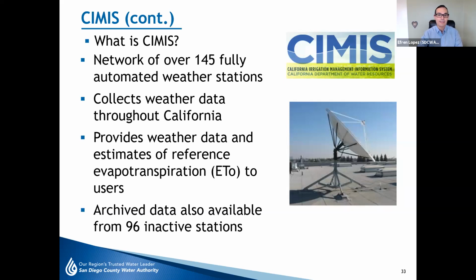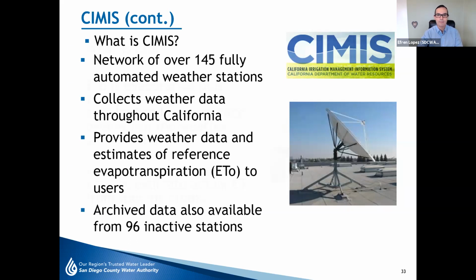CIMIS supplies the data that they use to help determine when to irrigate and how much water to apply. Efficient use of water resources, of course, benefits everybody in California. It saves water and therefore it can also save energy. There's also 96 or so inactive stations that are not gathering data anymore, but you can still download information from them and use that for some historical data.